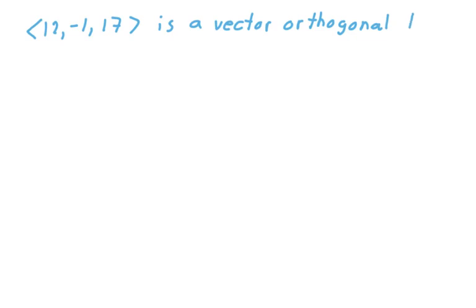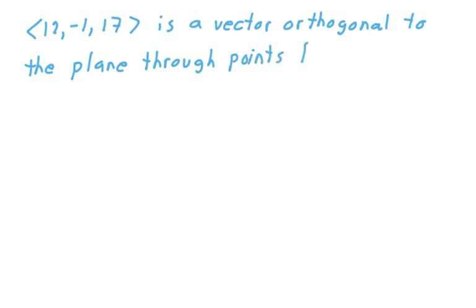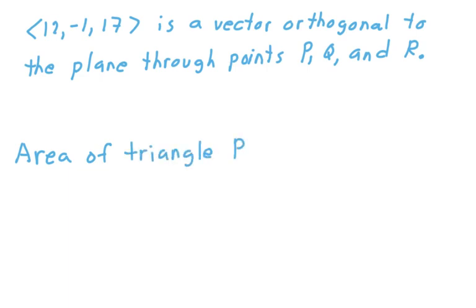So remember, (12, -1, 17) is a vector orthogonal, perpendicular, to the plane through points P, Q, and R. Right now, so I want the area of triangle PQR.